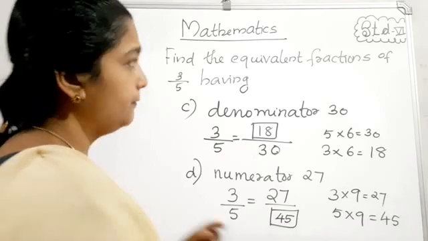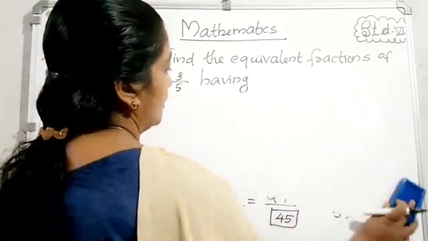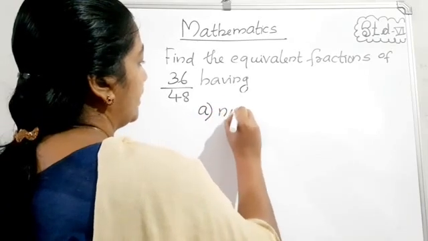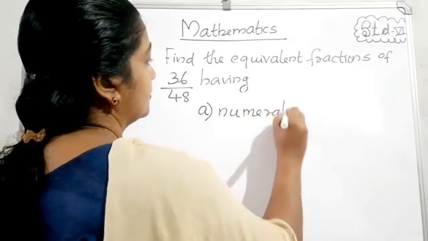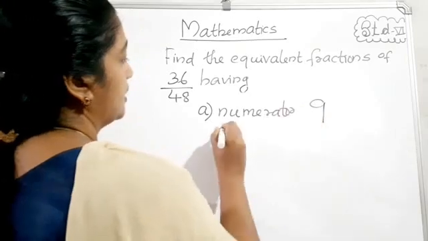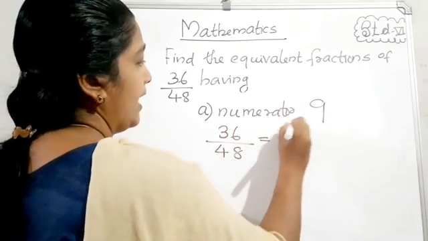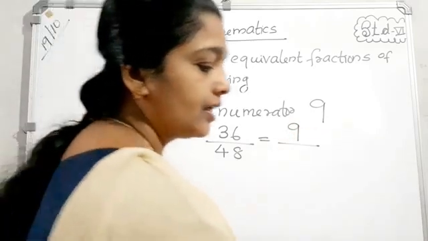So next question. Numerator 9. First A, numerator 9. Here first we want to write the fraction, then 9 is the numerator. Clear?